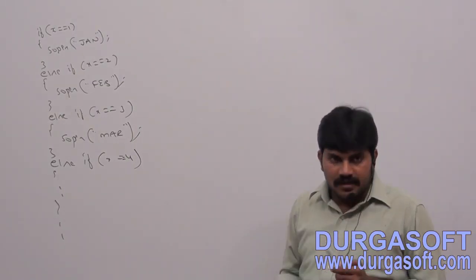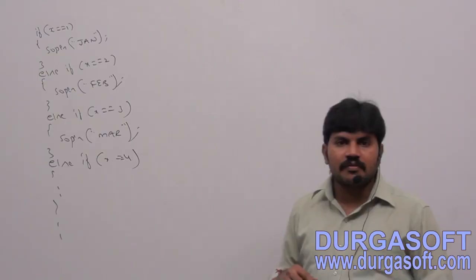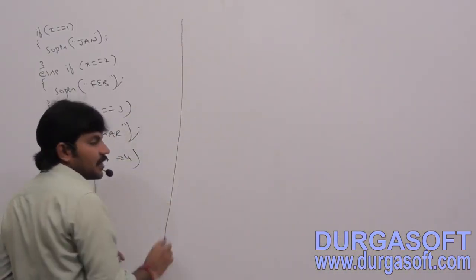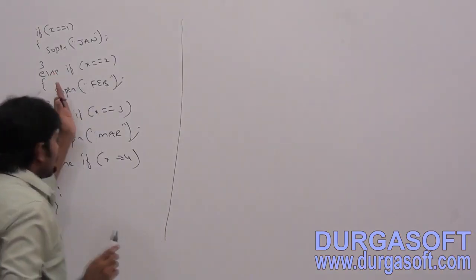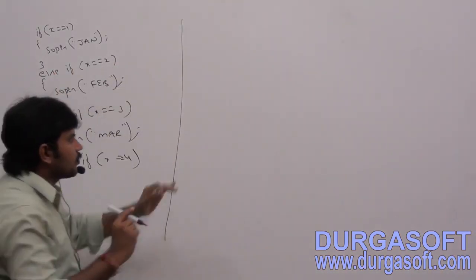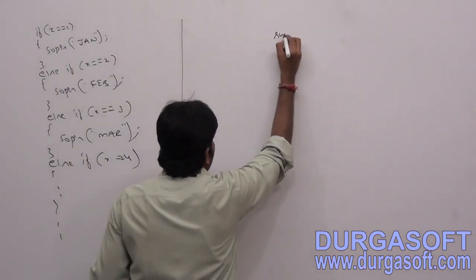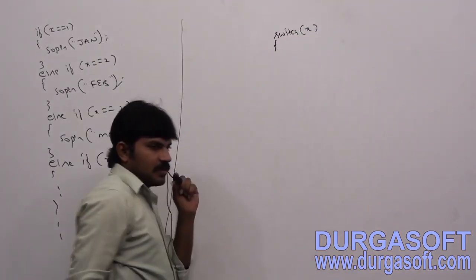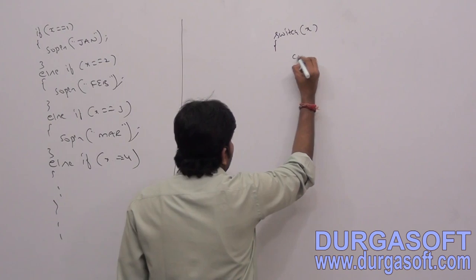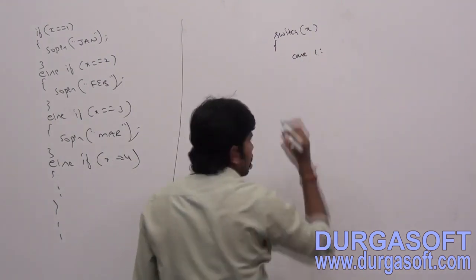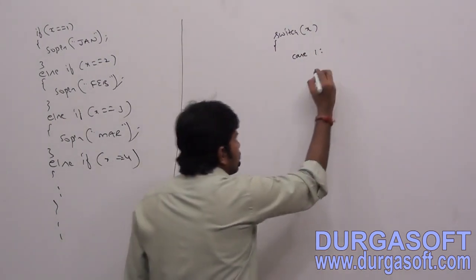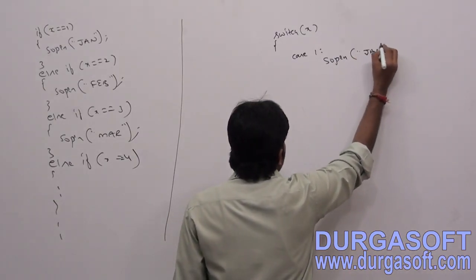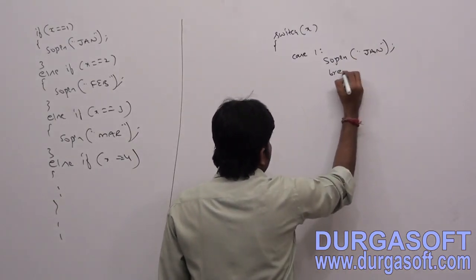How can we handle this? If several options are available, it is highly recommended to go for the switch statement. Now observe, the same code explained with switch: switch of x, case 1, System.out.println of John, break.